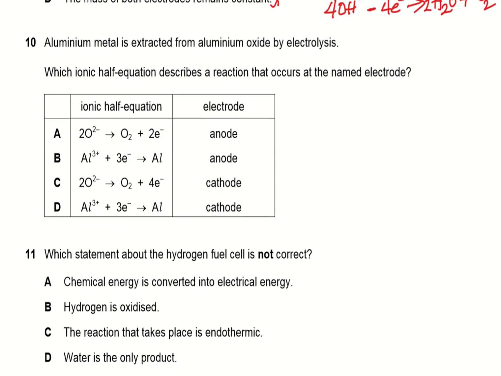Aluminum metal is extracted from aluminum oxide by electrolysis. Which half equation describes a reaction that occurs at the electrode?